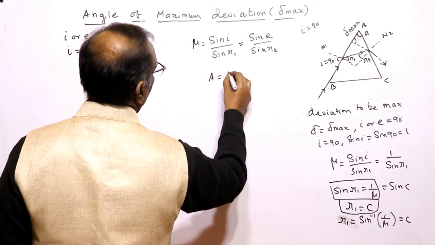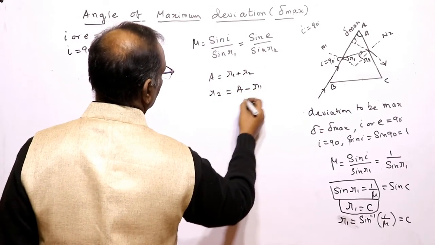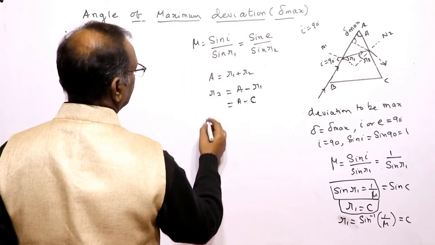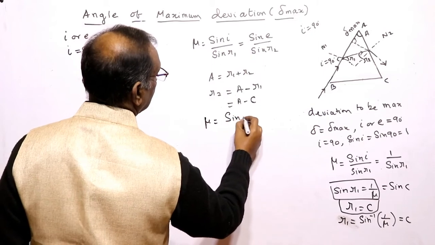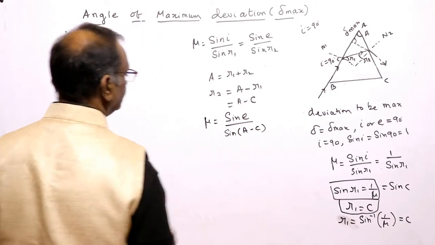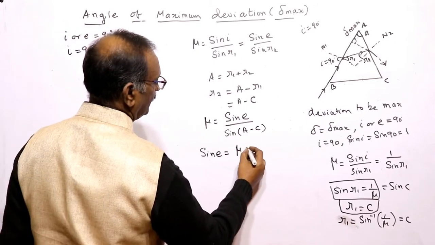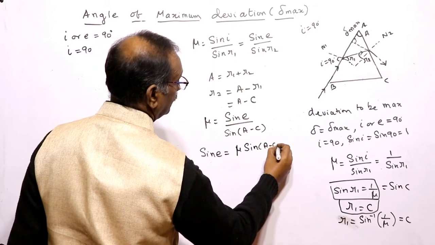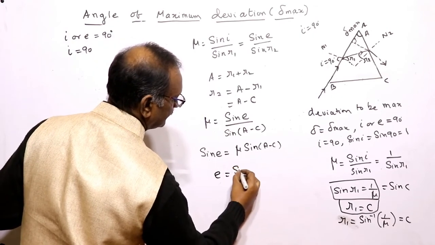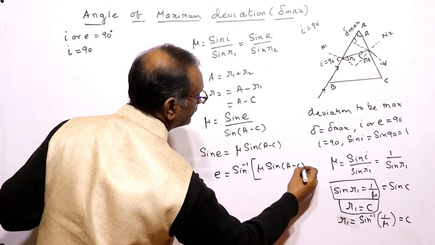Since A is equal to R1 plus R2, R2 is equal to A minus R1, which is A minus C. From mu equal to sin E by sin R2, sin E is equal to mu into sin of A minus C. Therefore E is equal to sine inverse of mu into sin of A minus C.